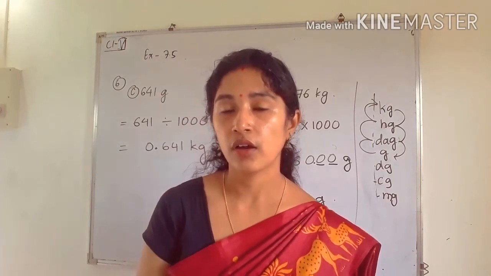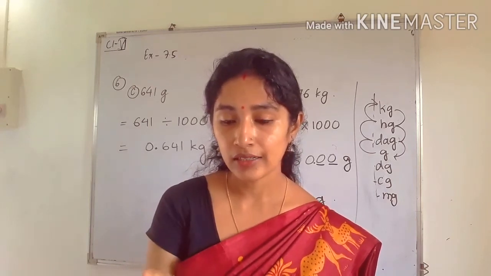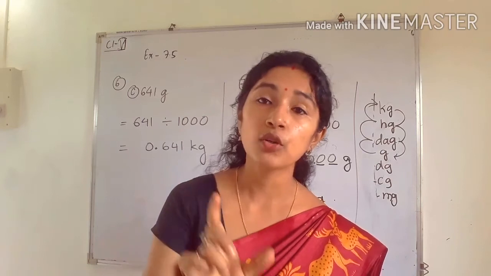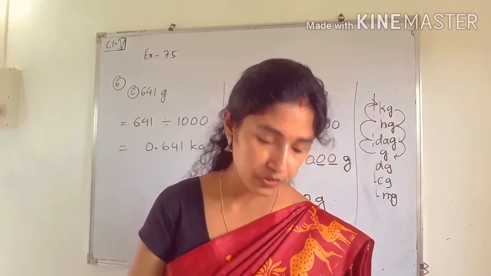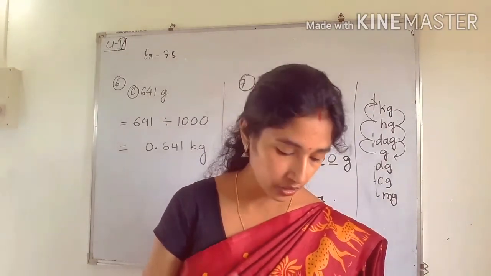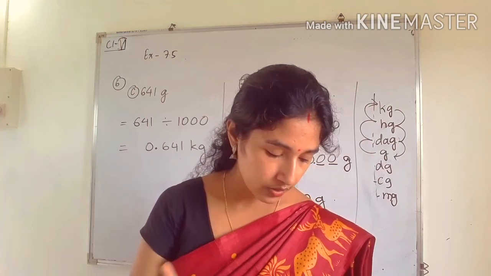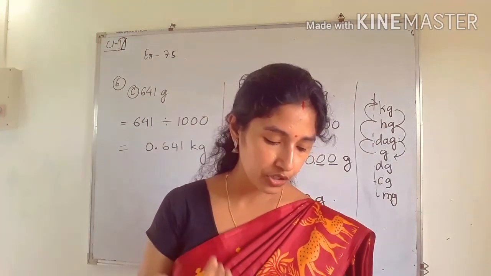Whatever length they are cutting, you have to subtract from the total length of the rope. So subtract 2.78 meter from 7.37 meter. Remember, you have to write the unit. Mention the unit.